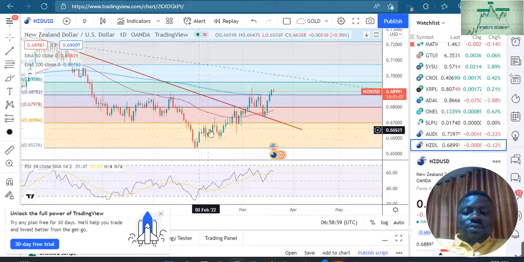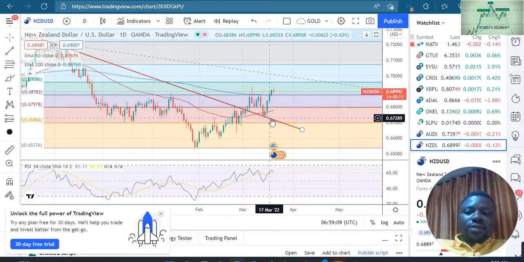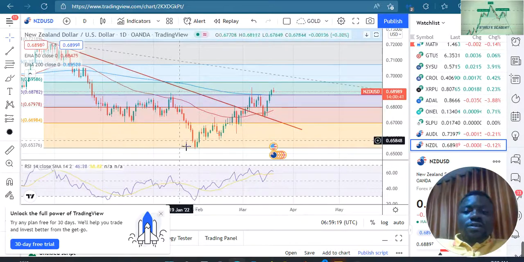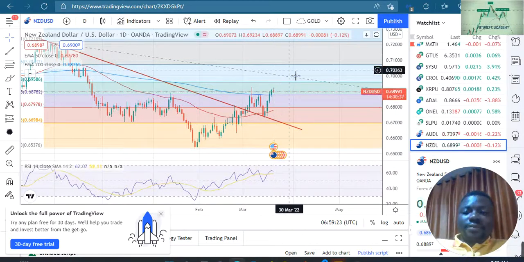After this movement, 1, 2, 3, 4, 5, NZD USD giving us a flat, then have us with a new move. So currently the trend is telling us that it is on a buy.